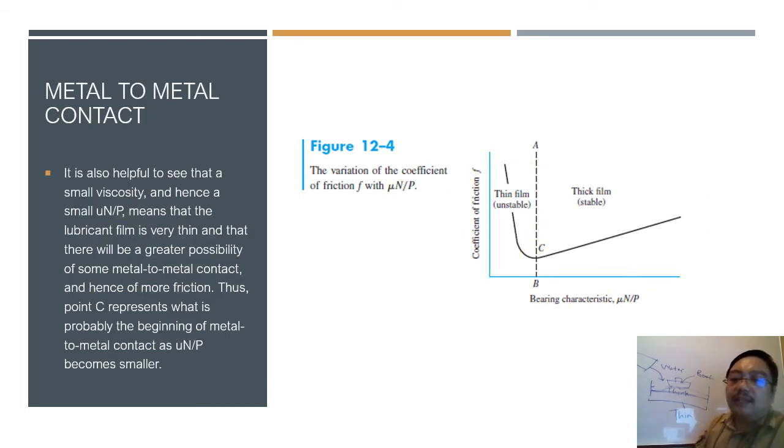This is what I tell about metal to metal contact. As you learn in your physics class, when two surfaces are in contact, it generates heat, and when it generates heat, it causes wear and tear, and also friction will happen. So this is what we want to avoid.